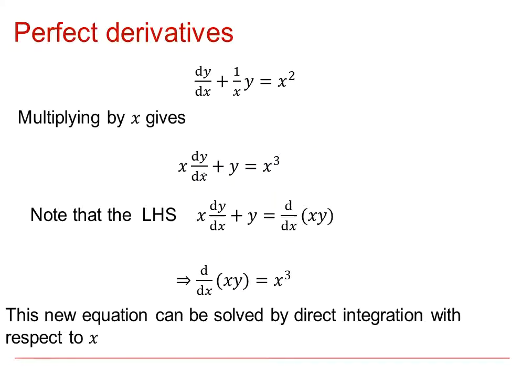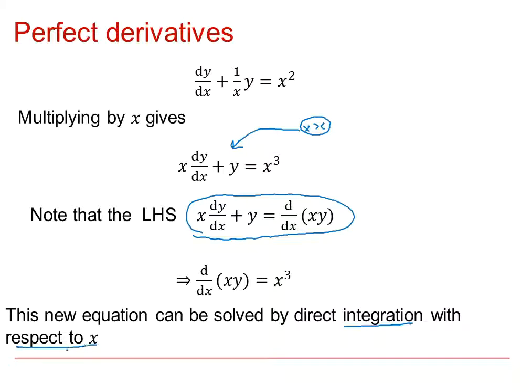Before we integrate both sides with respect to x, the key step was that I multiplied both sides by x, and the reason I did that was to make this left hand side into the derivative of the product xy. So the derivative of the product xy with respect to x is equal to x cubed.